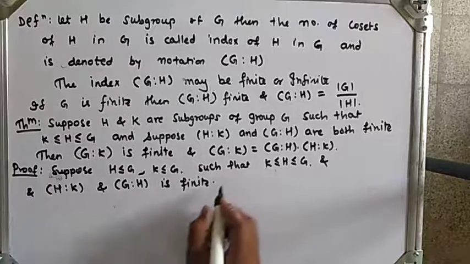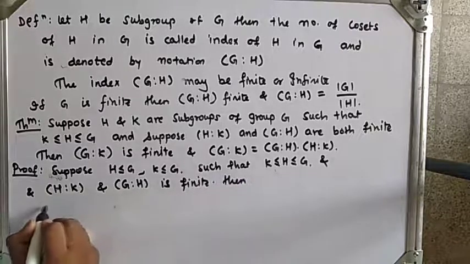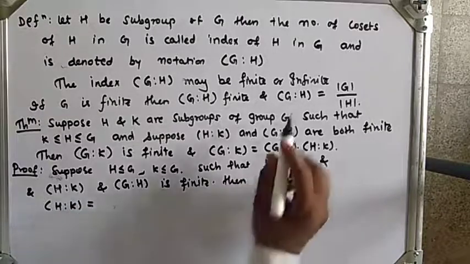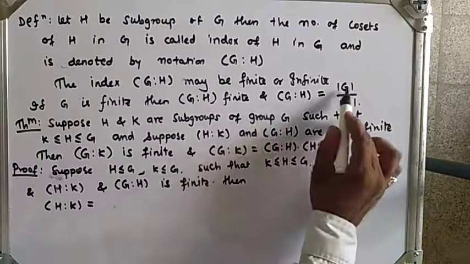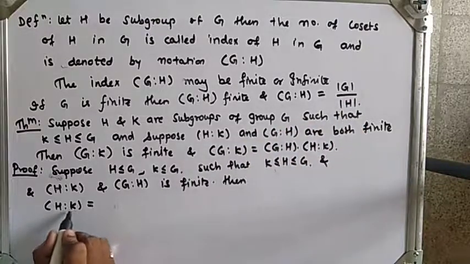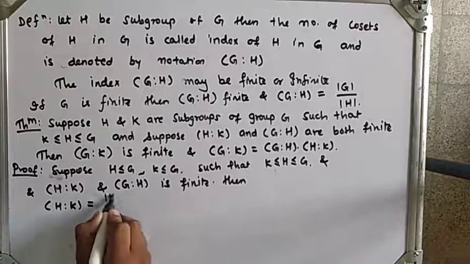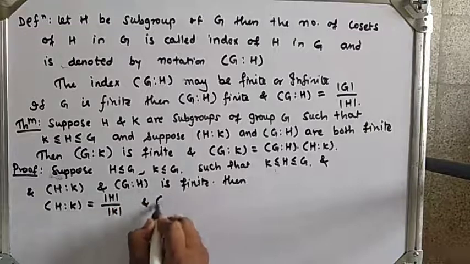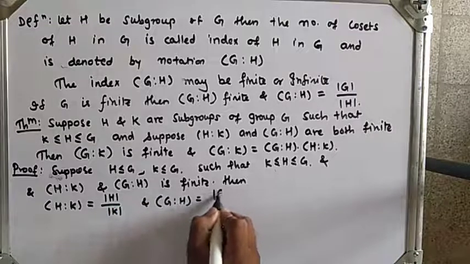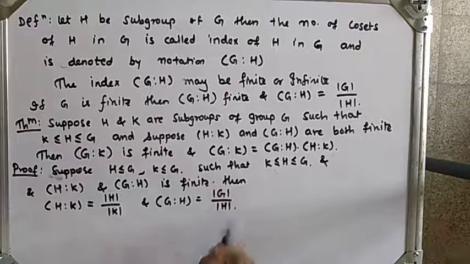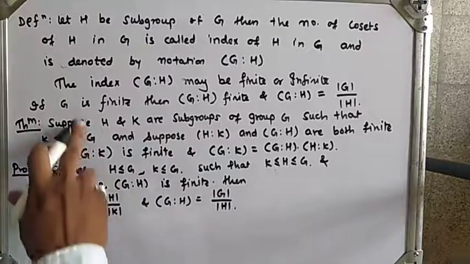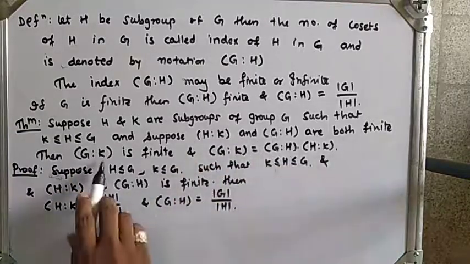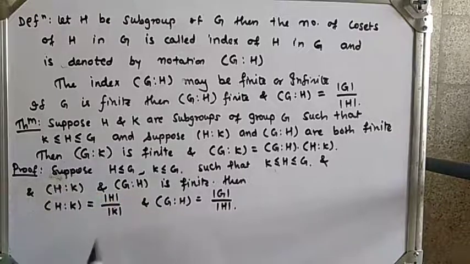Then we will get, by the formula, the index of K in H is equal to the order of H upon the order of K, and the index of H in G is the order of G upon the order of H. Since the indices of K in H and H in G are finite, the index of K in G is also finite.